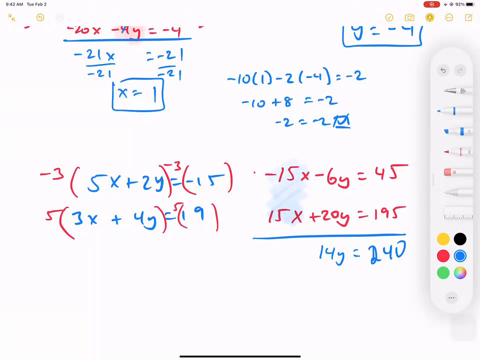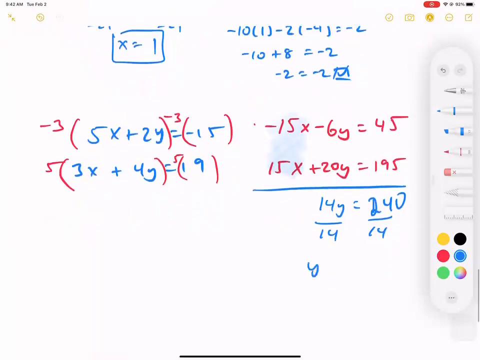Okay. All right. So let's go ahead and divide 14 from both sides. And we have y is equal to, okay, so I don't know what 240 divided by 14 is. I'm going to do long division here. 14 goes into 240 once.